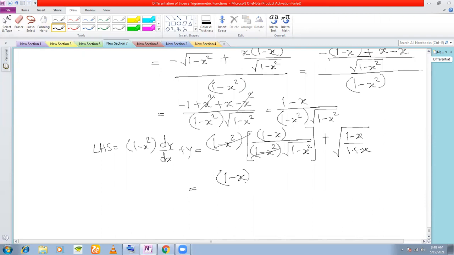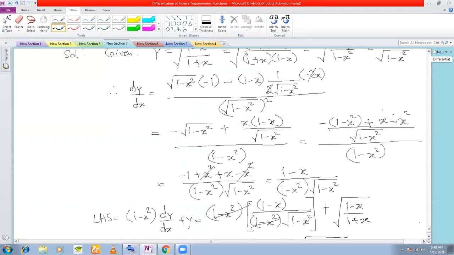So 1 minus x, and here root 1 minus x squared you can write as root over 1 plus x into 1 minus x, plus root 1 minus x by 1 plus x. There's a negative sign somewhere which I'm missing. Yes, here there is a negative sign, because I see I'm getting here minus 1 plus x, right? So here, if I take the negative sign out, then I'm going to get 1 minus x.